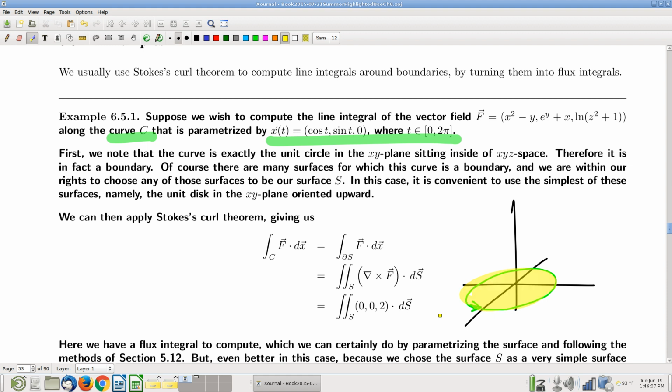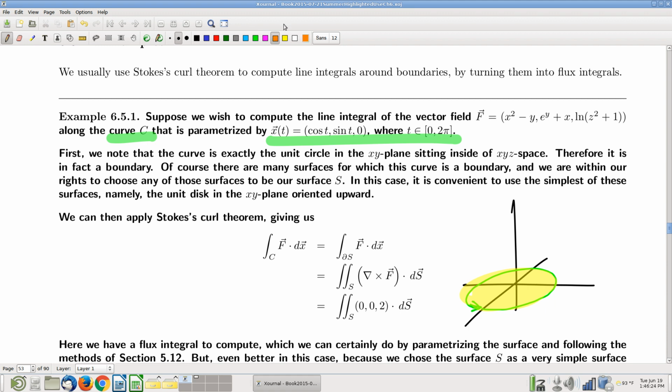Now we've got to think about orientations, right? Whatever surface we pick, we're going to have to compute the flux through that surface. Flux means I need an oriented surface. So does this thing go up or down? Well, you have to think about the right-hand rule and our conventions for how orientations go.